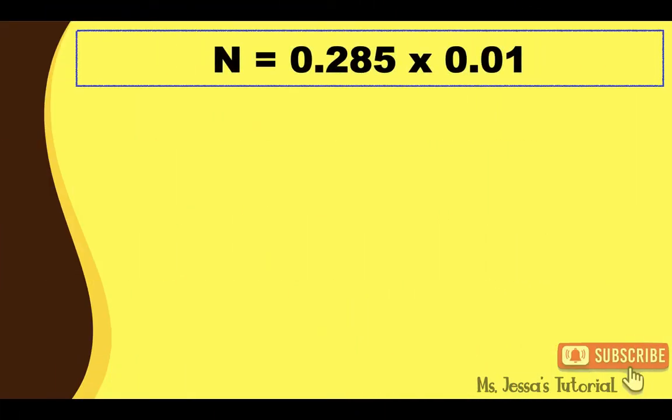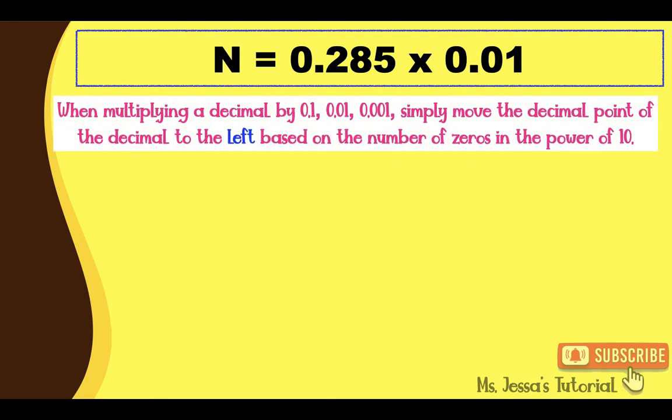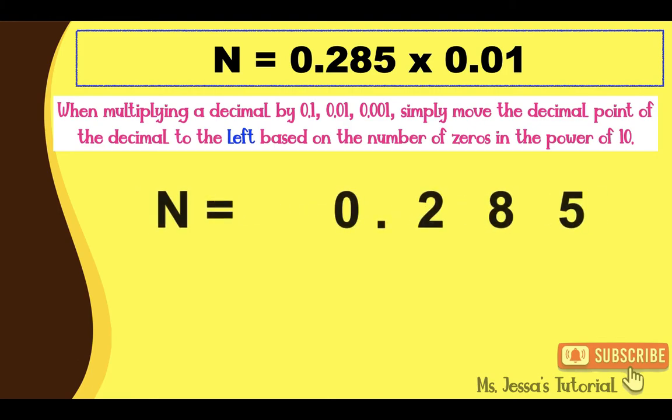Let's have another example. N is equal to 0.285 times 0.01. So again, children, we're going to move the decimal point of the decimal to the left based on the number of zeros in the power of 10. So this time in 0.01, we have 2 zeros, right?